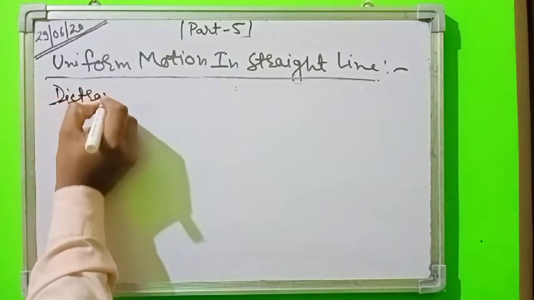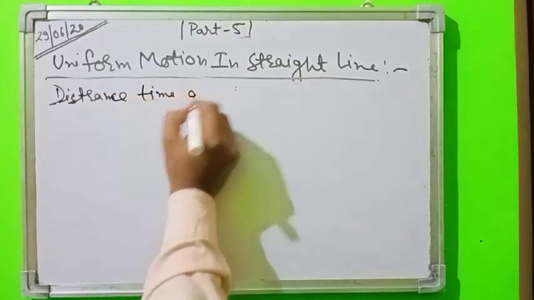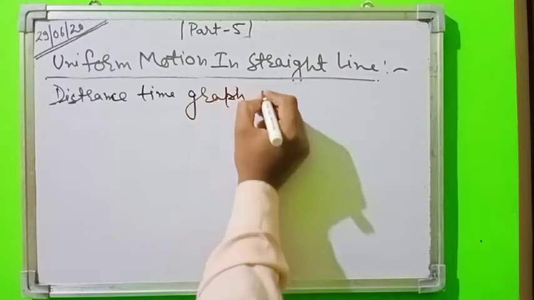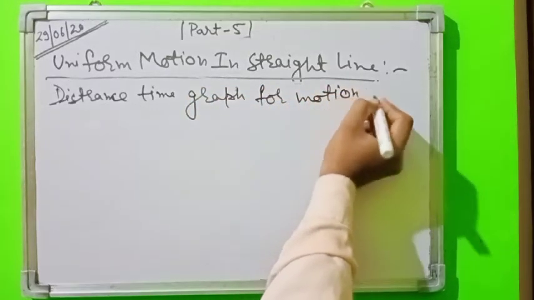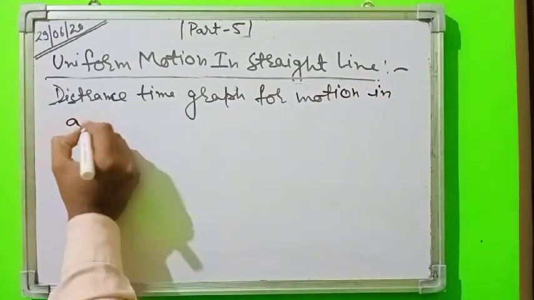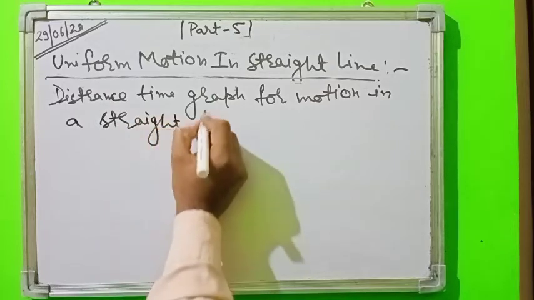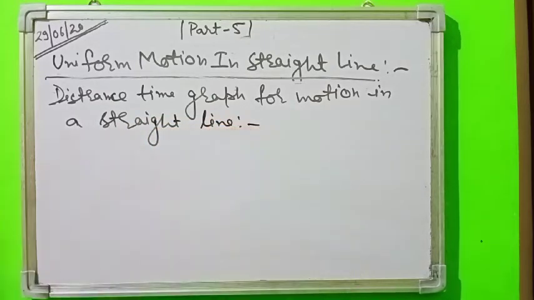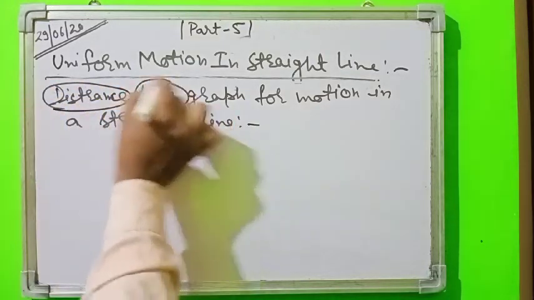Here you are seeing two variables. One variable is distance and the other variable is time.